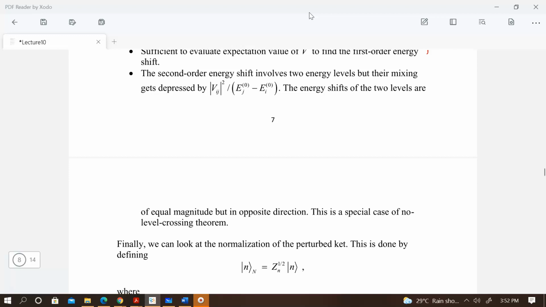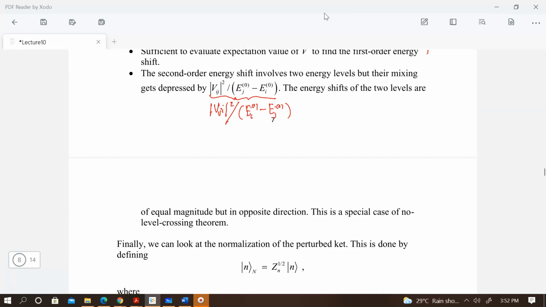The energy shift between two levels, for example, given by this kind of terms, is symmetric in the sense that if you write your V_ji squared over E_i naught minus E_j naught, they are supposed to be equal, but in an opposite sense.